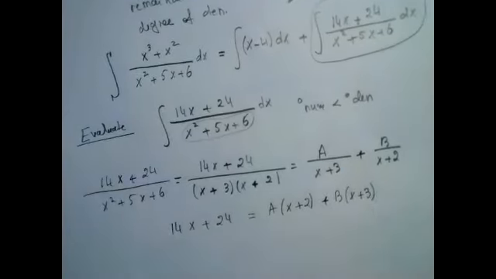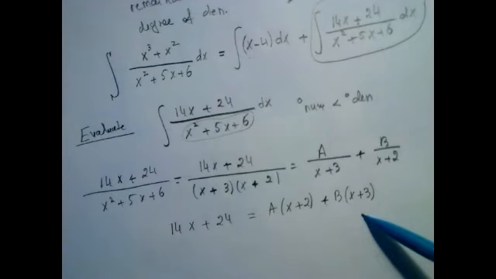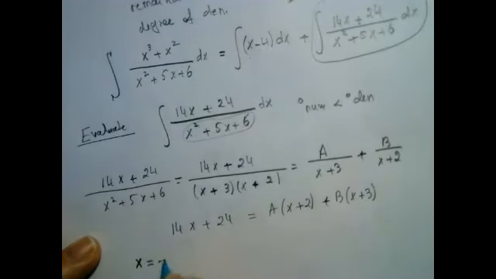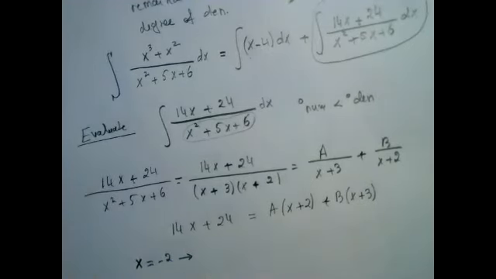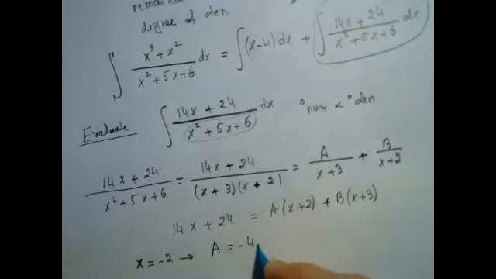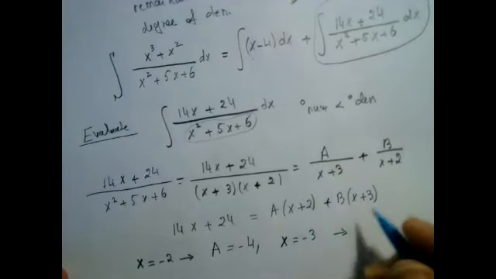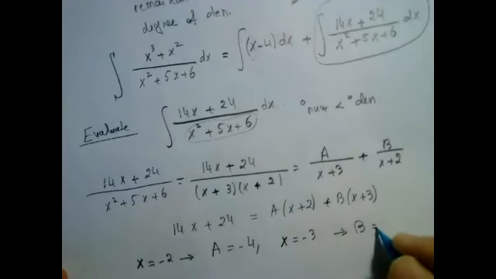Now in this scenario, picking special values of x is the easiest way to go. It's easier than putting the coefficients of x together and the constant terms together, because I get my values right off the bat. So I will take x equal to minus 2, and I solve for A, and let me see, what do I get? I get A equal to minus 4. You guys know how to do that now. I pick x to be minus 3, and I plug it everywhere, and I will get my B to be equal to 18.